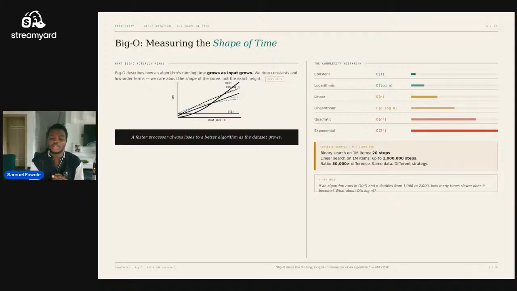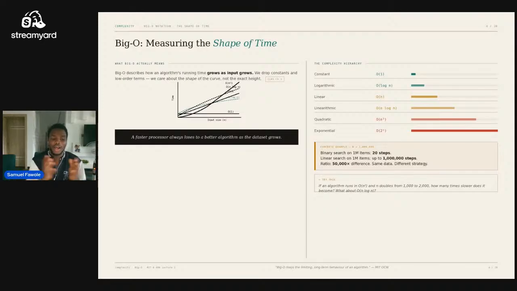So when we're talking about big O, there's big O, there's little o, there's even omega, but let's not get too far ahead of ourselves. So we have constant time, which is the ideal, that the time doesn't change. You can look at the graph. Constant time means the time doesn't change with the scale or the size of the input data.